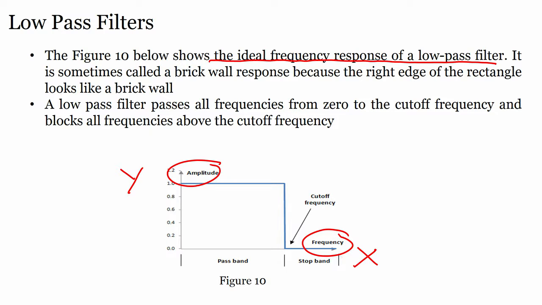It passes from 0 hertz up to some low frequency, and this is our cutoff frequency Fc. The figure shows the ideal frequency response of a low pass filter. It is sometimes called a brick wall response because the right edge of the rectangle looks like a brick wall. You all have seen a brick wall, right.